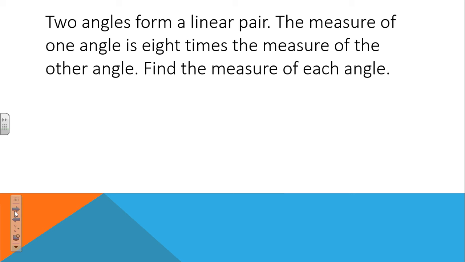We have 2 angles that form a linear pair. The measure of one angle is 8 times the measure of another. Find the measure of each angle. Our book likes to give you a word problem like this. So what do you think we should do? How should we start it?